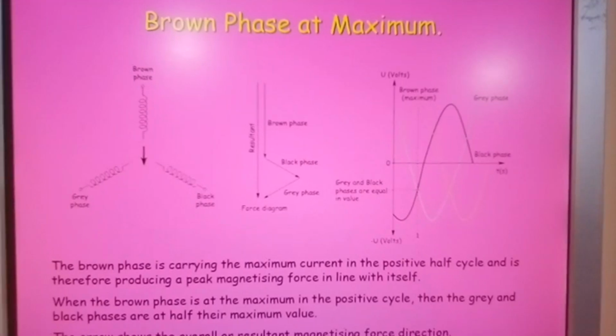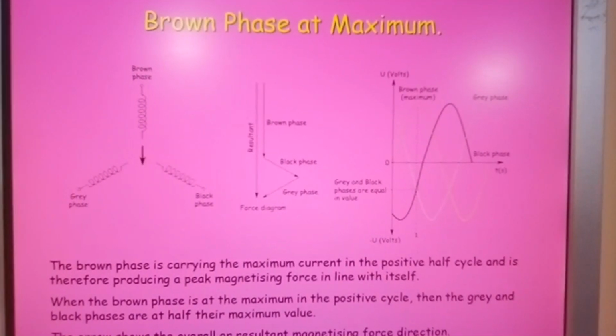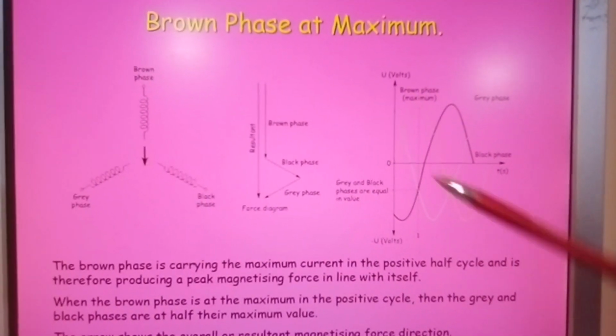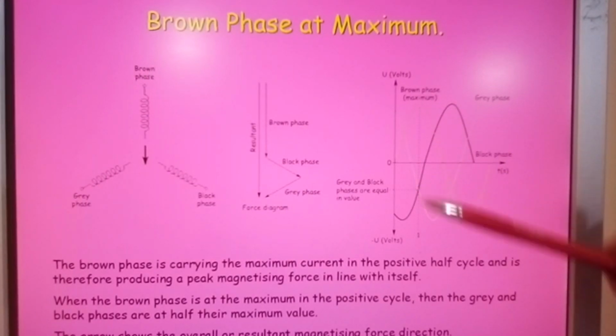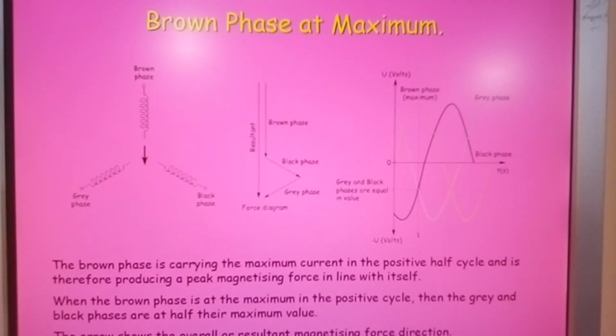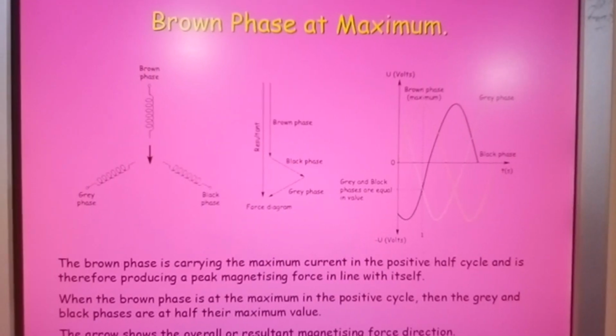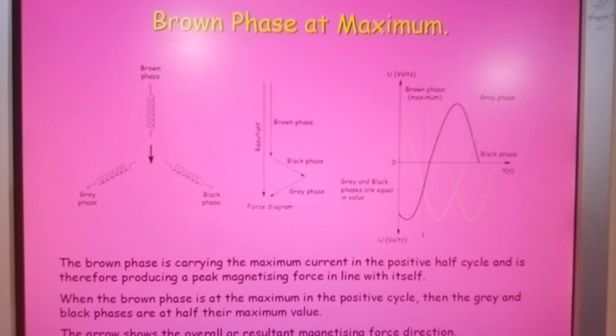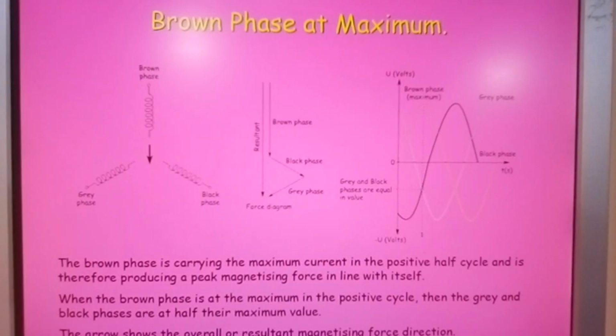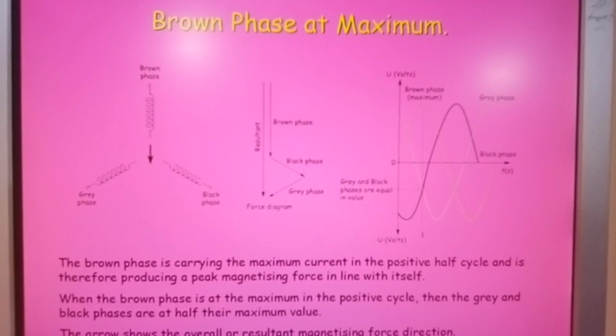Now the brown phase is carrying the maximum current in the positive half cycle and is therefore producing a peak magnetizing force in line with itself, and that is here. When the brown phase is at the maximum in the positive cycle, then the grey and black phases are at half their maximum value. The arrow shows the overall or resultant magnetizing force direction.